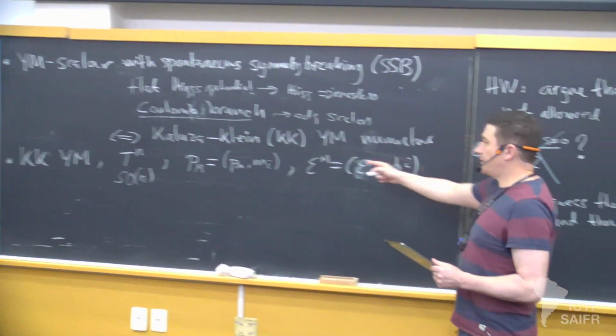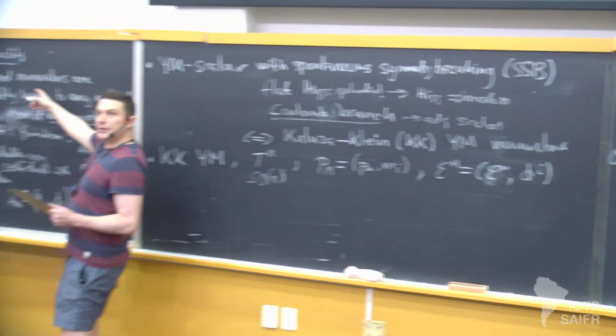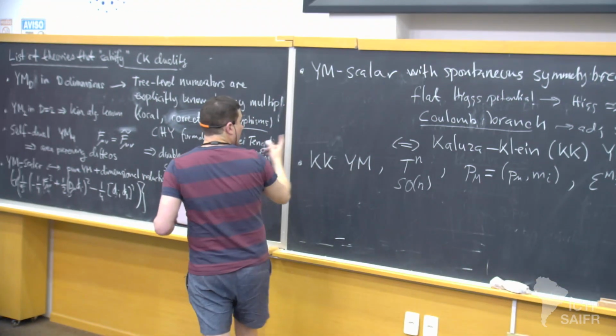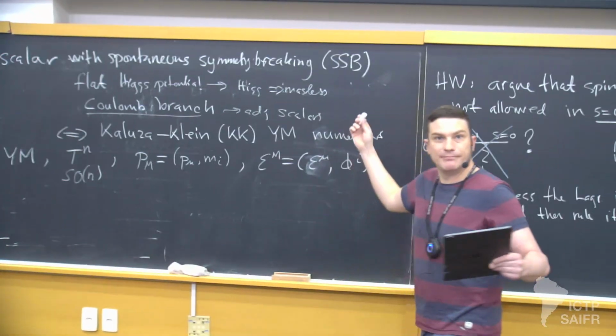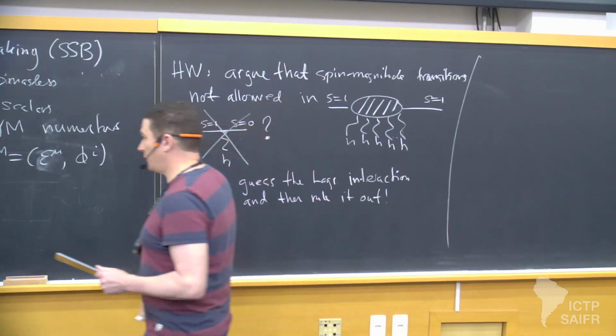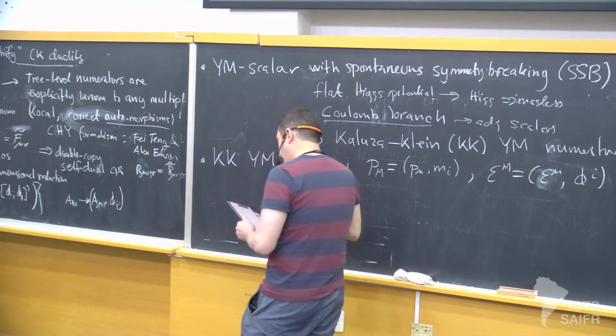Okay, so if you just take this prescription and plug it into these numerators, it's going to give you Kaluza-Klein Yang-Mills on an n-torus. It's super trivial. You don't have to do any work at all. So that means that the same numerators will work for this theory.